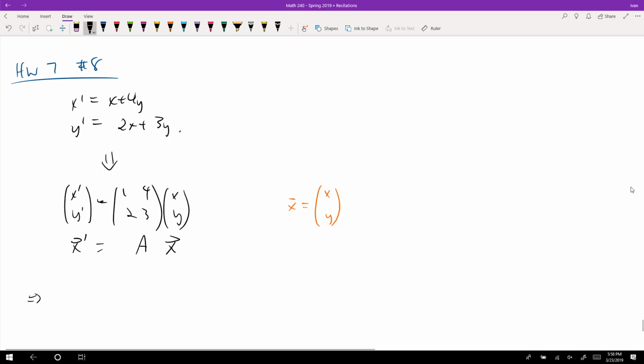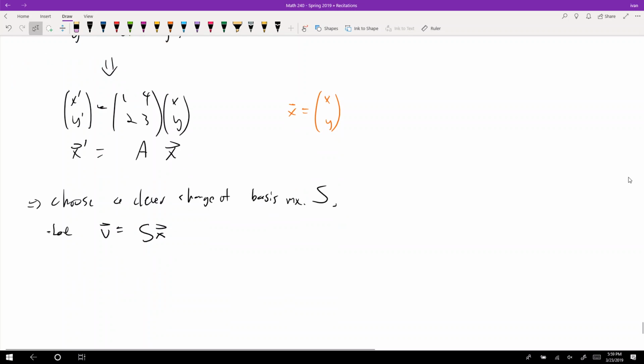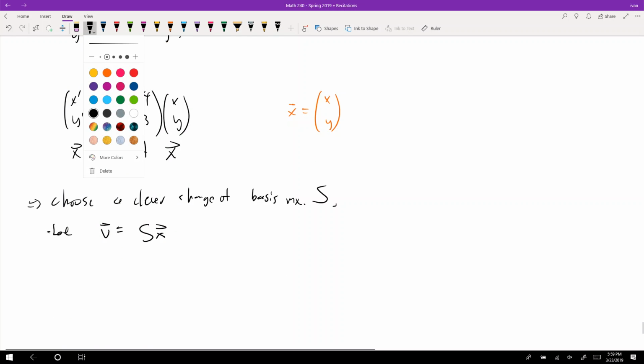So choose a clever change of basis matrix S, and let V equal S times x. The idea is the following.